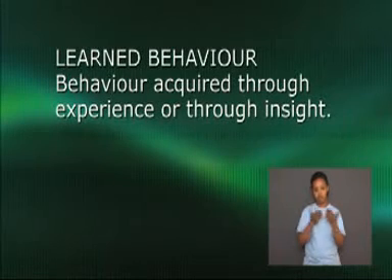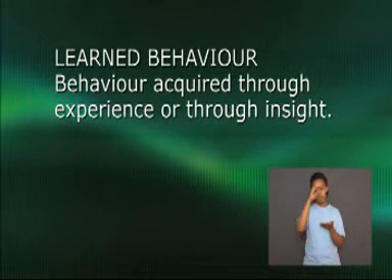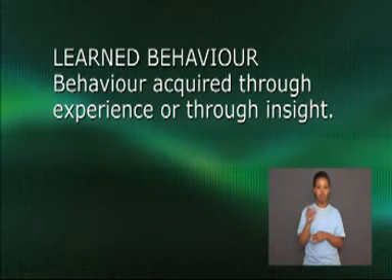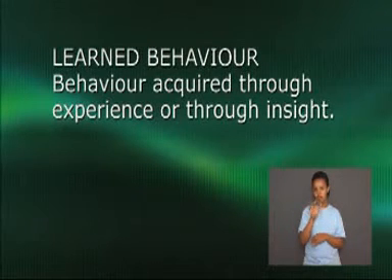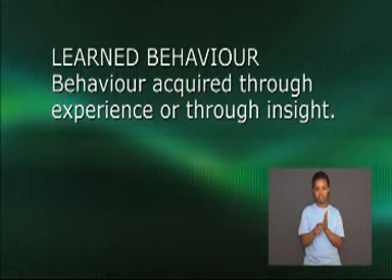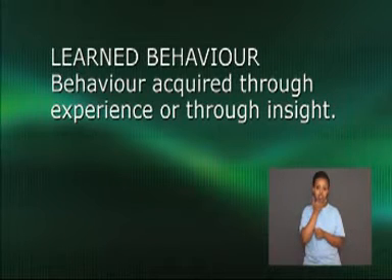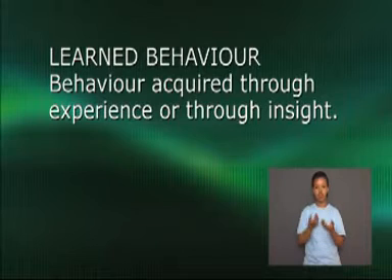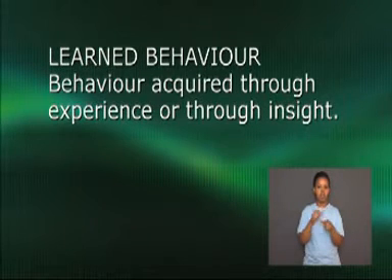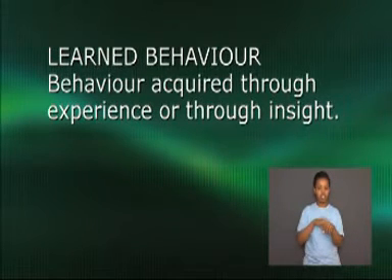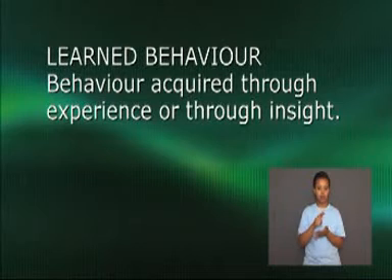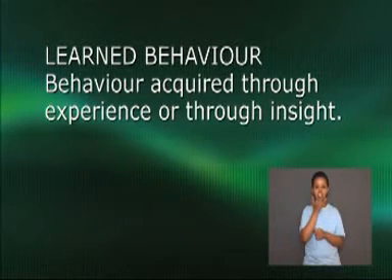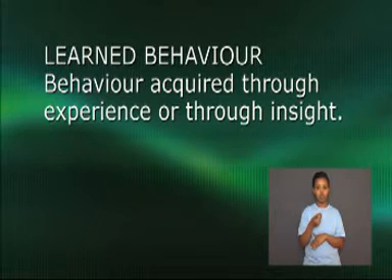In your textbooks, learned behavior is defined as behavior that is acquired through experience, such as trial and error or through insight. Learned behaviors are usually not fully functional the first time they are performed. As we mentioned in our definition, trial and error is a way to acquire learned behavior.